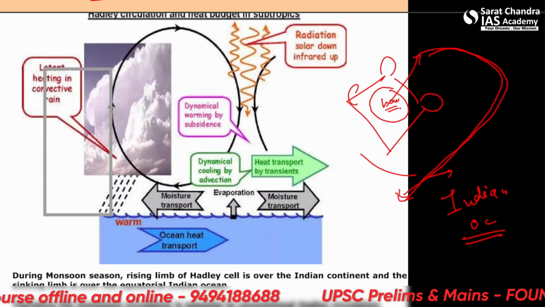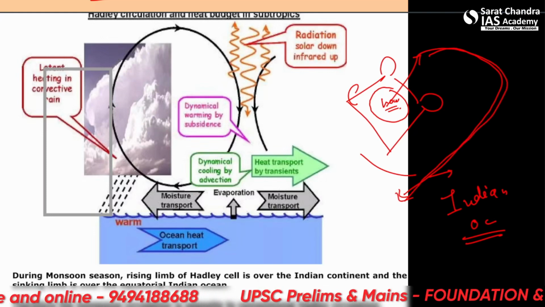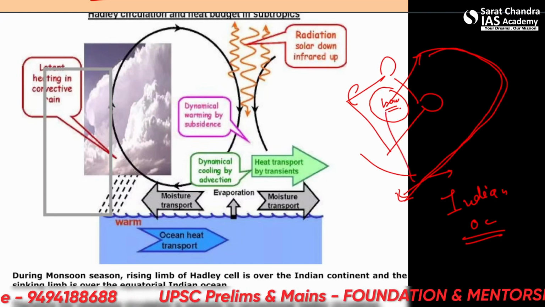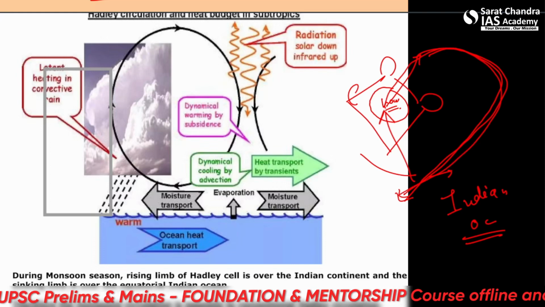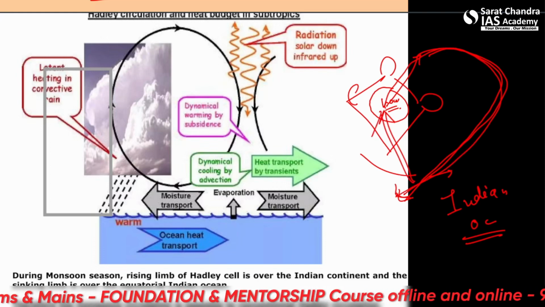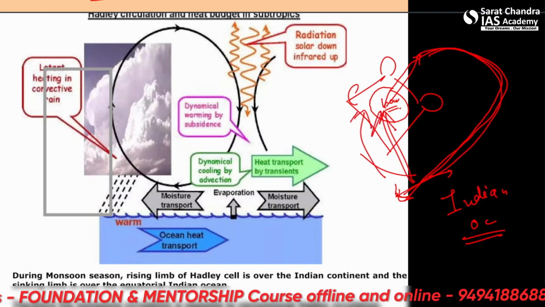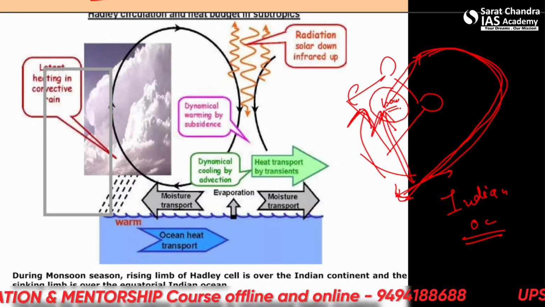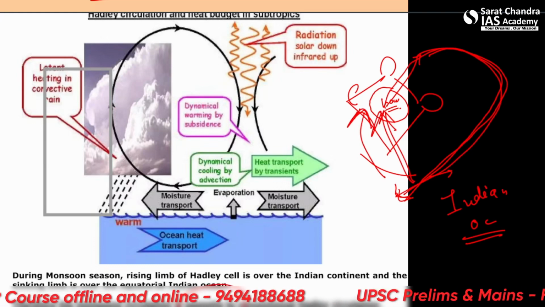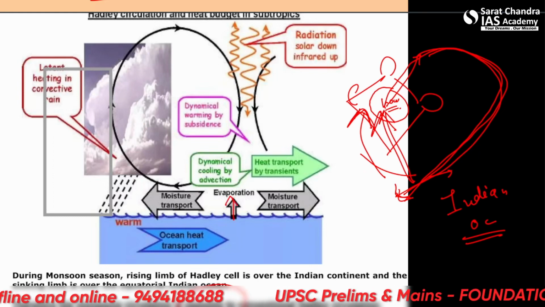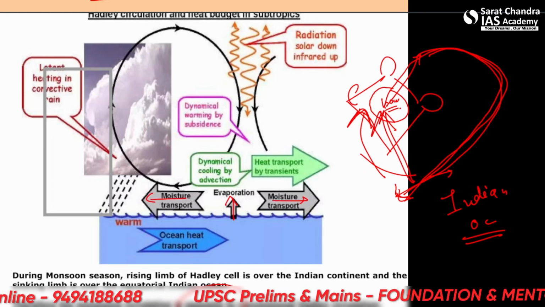Towards the Indian Ocean, the equatorial Indian Ocean, while the monsoon winds are blowing opposite. Okay, this is like this, and the monsoon winds are blowing in opposite direction. So this is why we can say that monsoon circulation is opposite to the conventional Hadley circulation. We can see this here. This is evaporation and moisture transport through the monsoon winds.